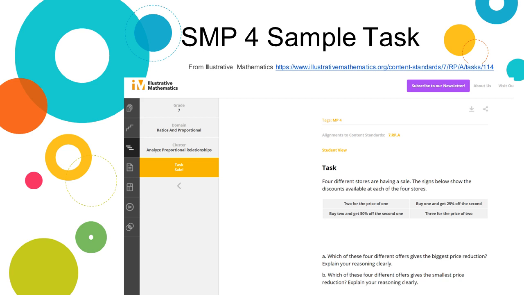So again, this is a 7th grade lesson. It's called RP SAIL. The standards for mathematical practice focus on the nature of the learning experience by attending to the thinking processes and habits of mind that students need to develop in order to attain a deep and flexible understanding of mathematics.